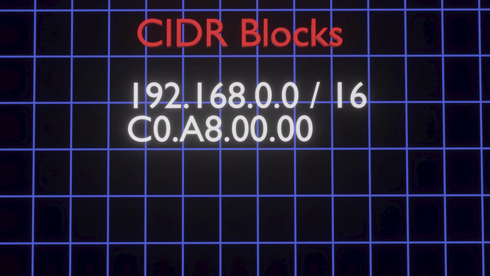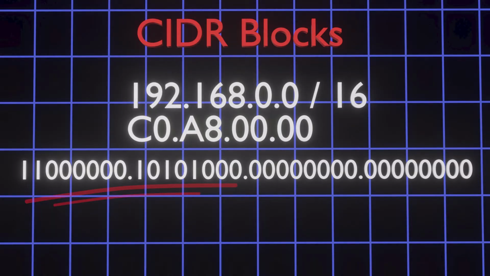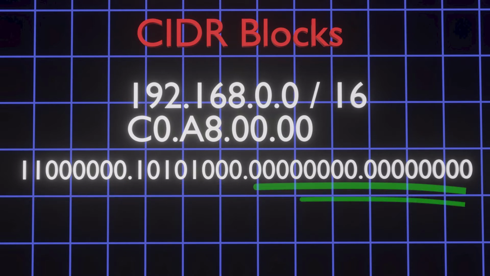The number after the slash tells you how many significant bits there are in the address space. So 192.168.0.0/16 means only the first 2 bytes of the IP address are significant. The second 2 bytes, or second 16 bits, which is ff.ff or 65,535, are available for use, with some restrictions that I'll go into later.